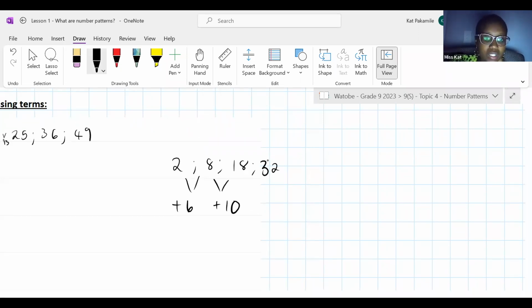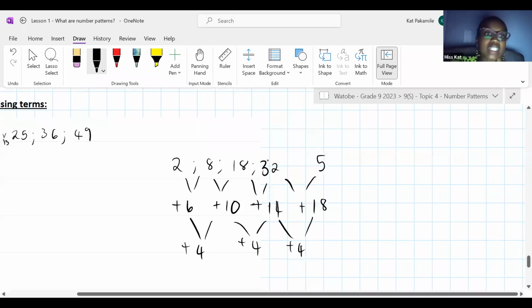And from 18 to 32, you add 14. So far, there isn't a constant difference, right? But from 6 to 10, second differences, we add 4. And from 10 to 14, we add 4 again. Do you see? There's where the pattern is. That means if you want to find our next difference, we have to add 4. That means our first difference will have to be 18. So from 32, you have to add 18, and that will give you 50.